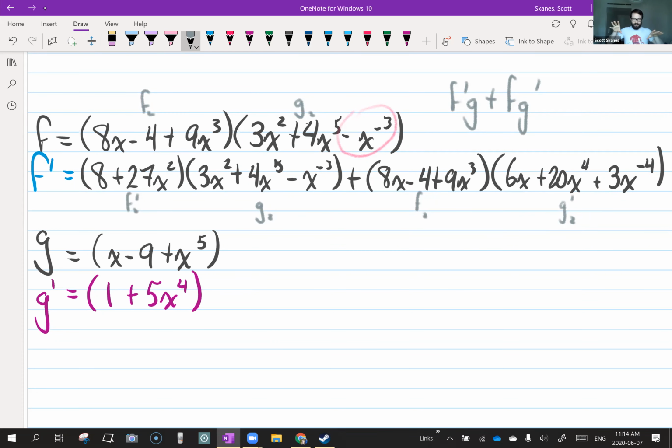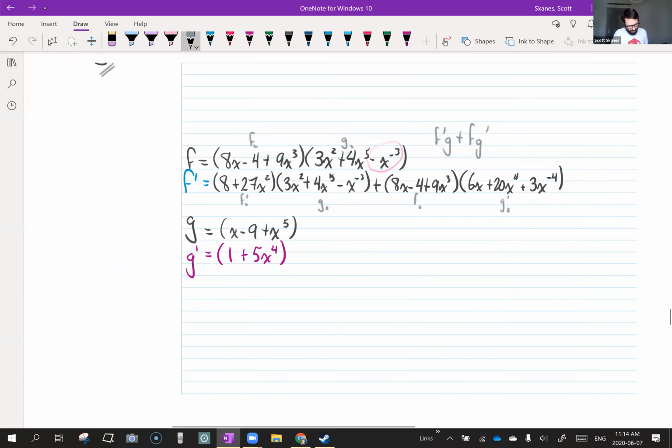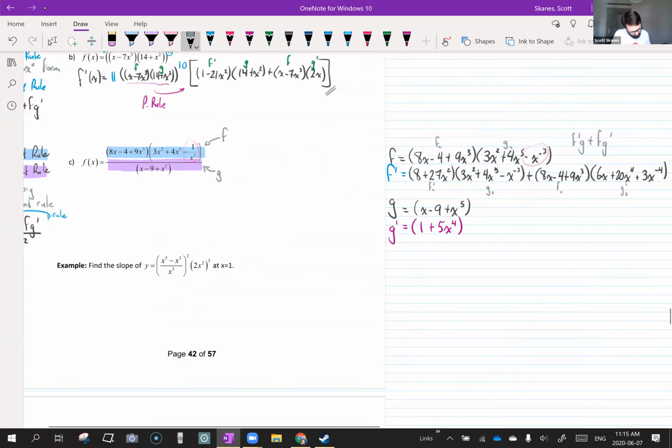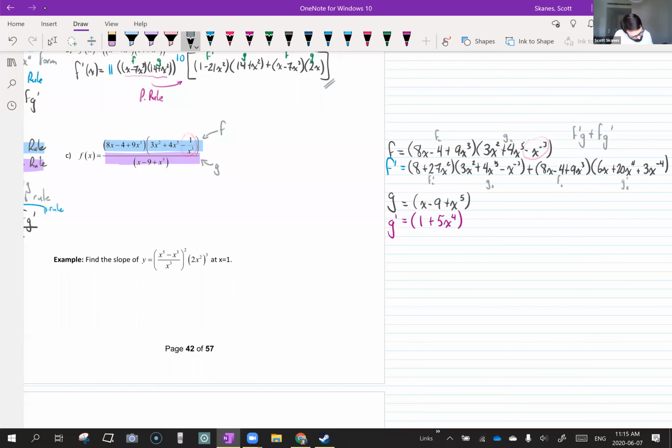So just to recap, we have one giant quotient rule. It's easy enough, f prime, f, all that. We just needed to get f prime, and that's a product rule in itself. So I'm going to piece all this back together. And it's going to be gigantic. I hope you can still read it. So my quotient rule is f prime g minus f g prime over g squared.